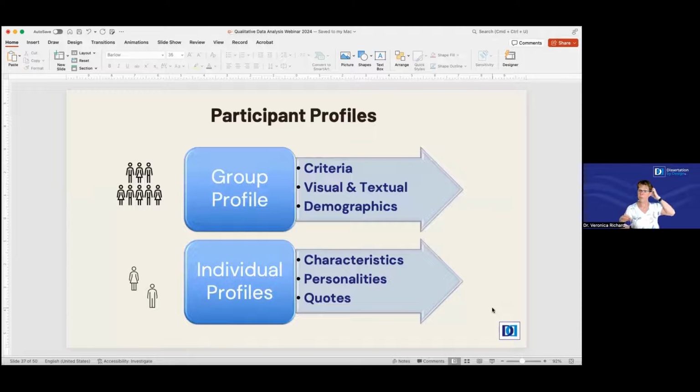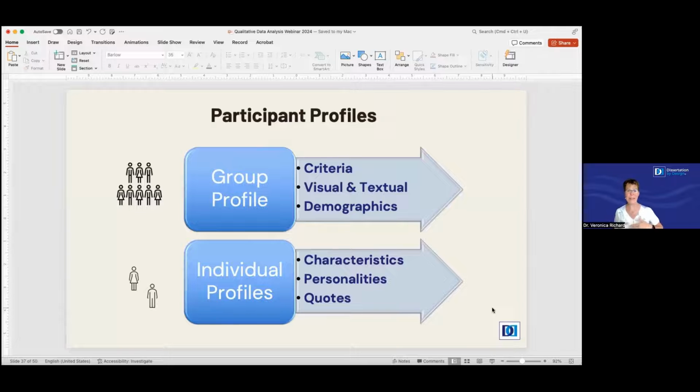I normally recommend providing group profiles and individual profiles, especially if it is a small sample size. The individual profiles are essential. If I have a large sample, then individual profiles probably are not the way I want to go, unless it might be a dissertation.